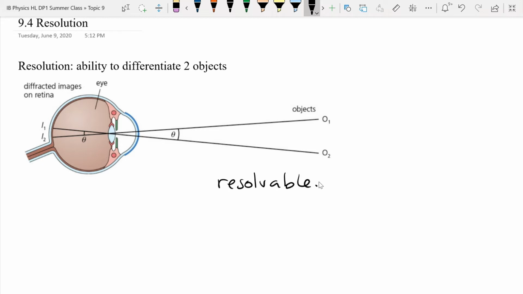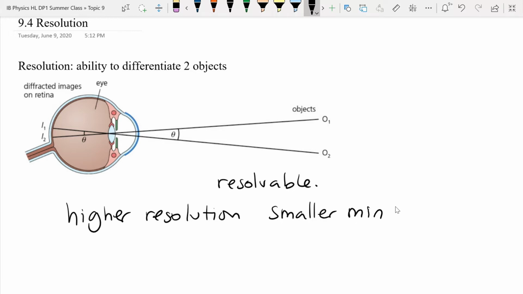So if you have better resolution, you're able to see smaller differences, right? So higher resolution has a smaller minimum angle, theta. We can tell the difference, right?